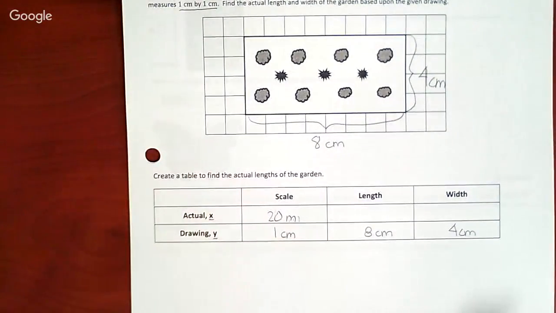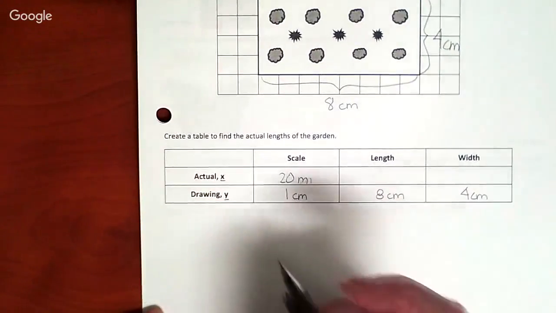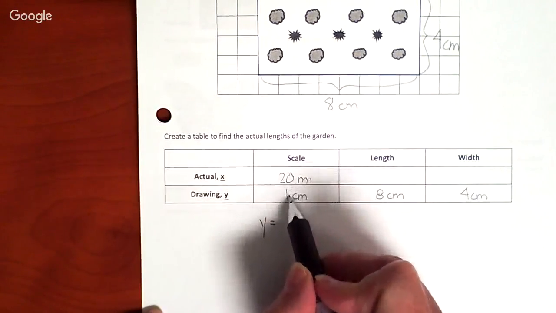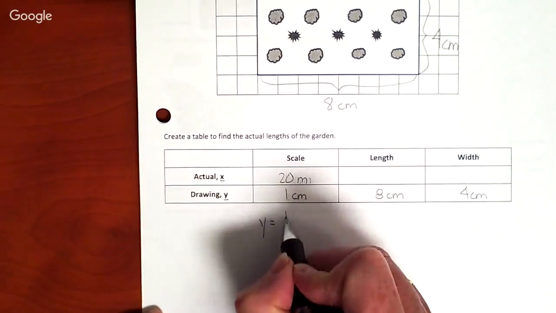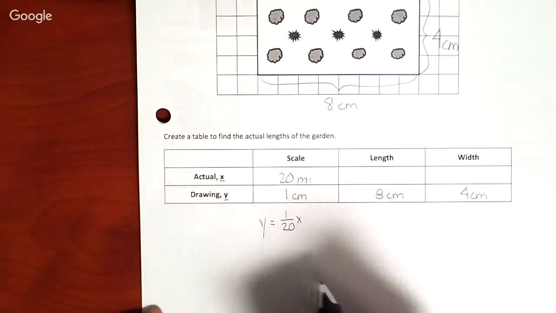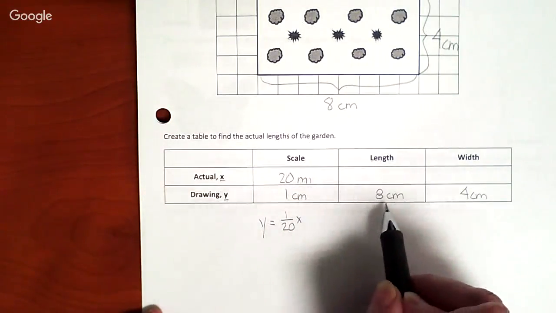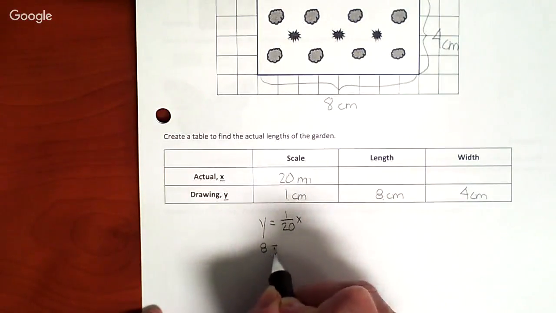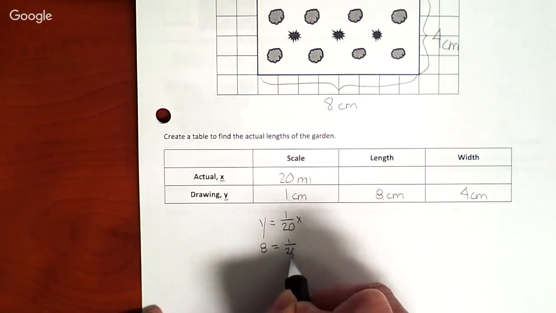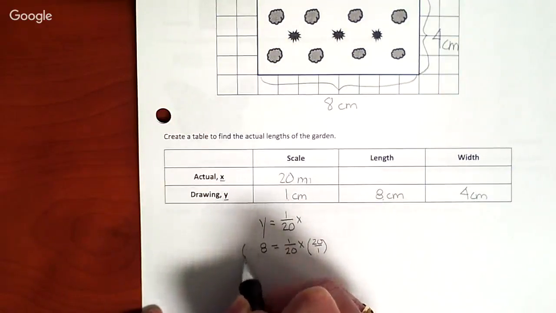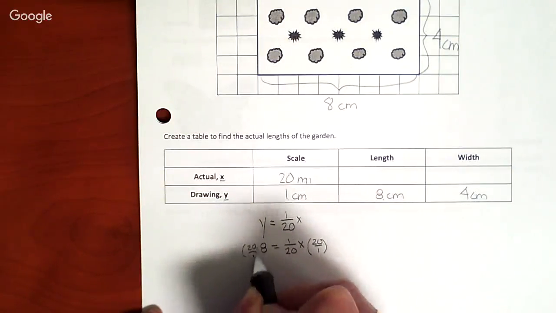So here, what we can do again is use our equation, y equals our scale 1 over 20 x. We need our drawing, which is y, so we're going to replace y with 8, so 8 equals 1 over 20 x. And we're going to multiply both sides by 20 over 1, or 20, because anything over 1 is itself.